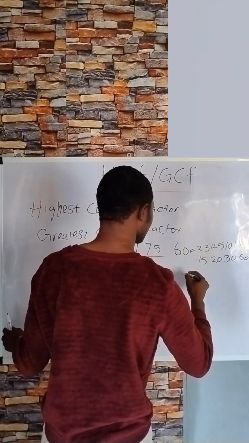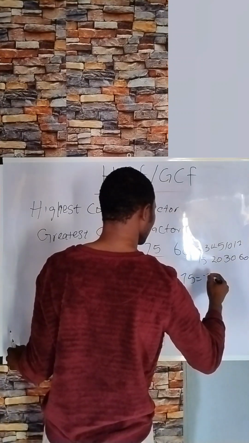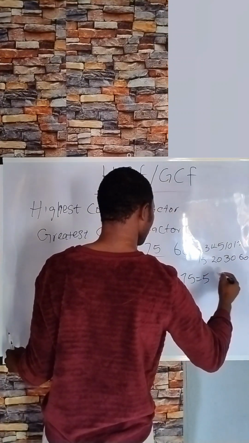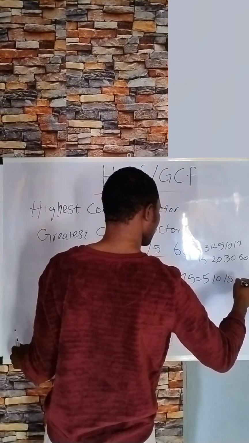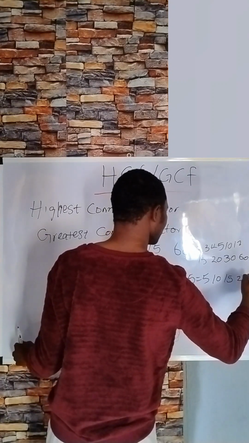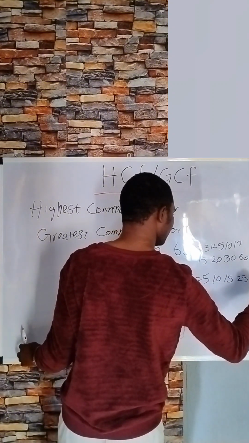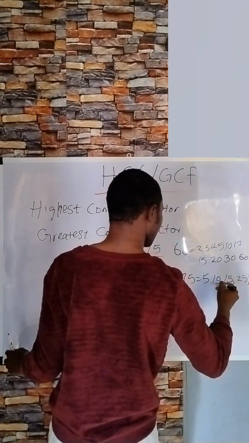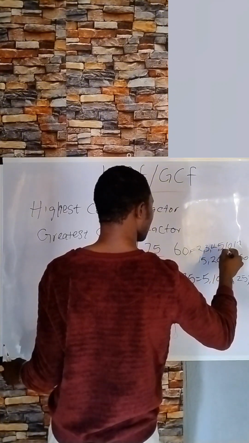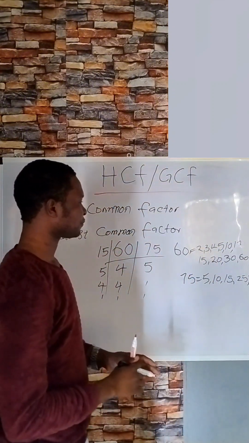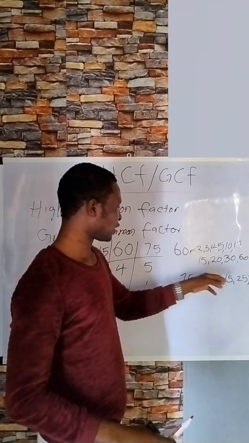Factors of 75: 5, 10, 15, 75. So the greatest common factor here, these are the factors of this number, and these are the factors of this number.